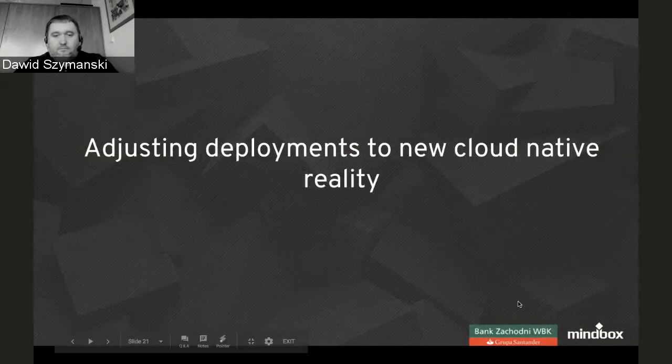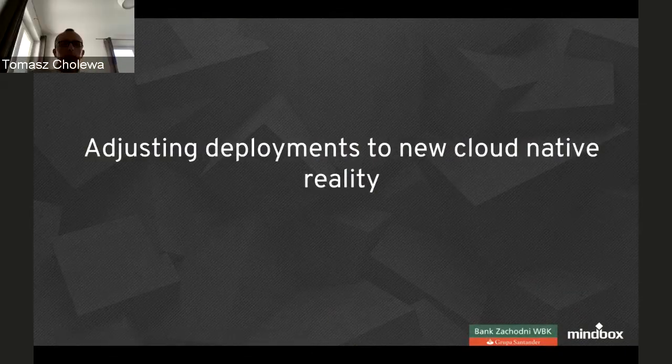And now I believe Tomek will tell you a few words about another topic. Yeah. So one of the big topics that we worked on during the project was to create a new way to deploy containers to an OpenShift cluster, or actually clusters.